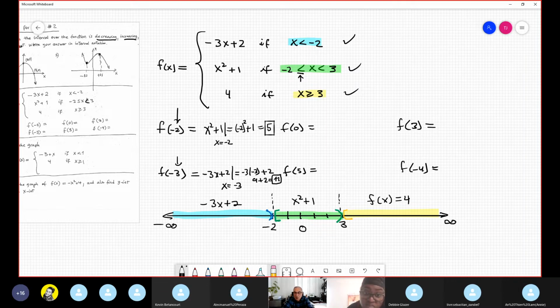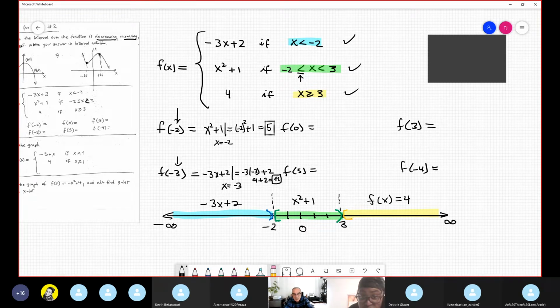Brian said green. Absolutely, you're right, Brian. It's green. So you select the expression again, x squared plus 1, and you evaluate at 0. 0 squared is 0 plus 1 is 1. Final answer is 1.